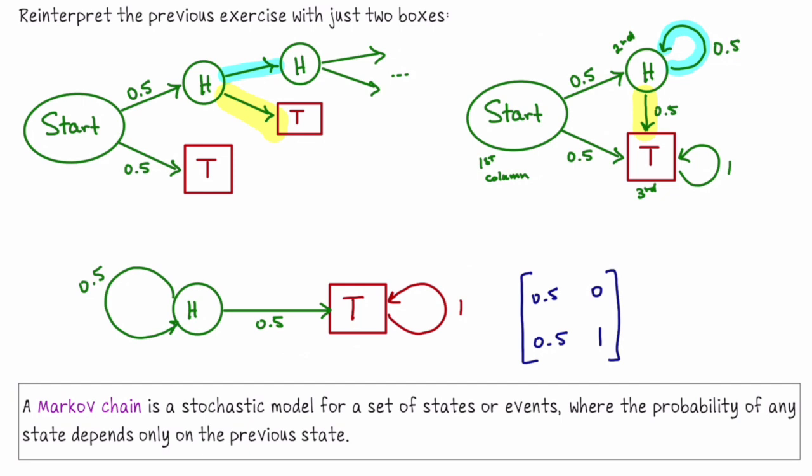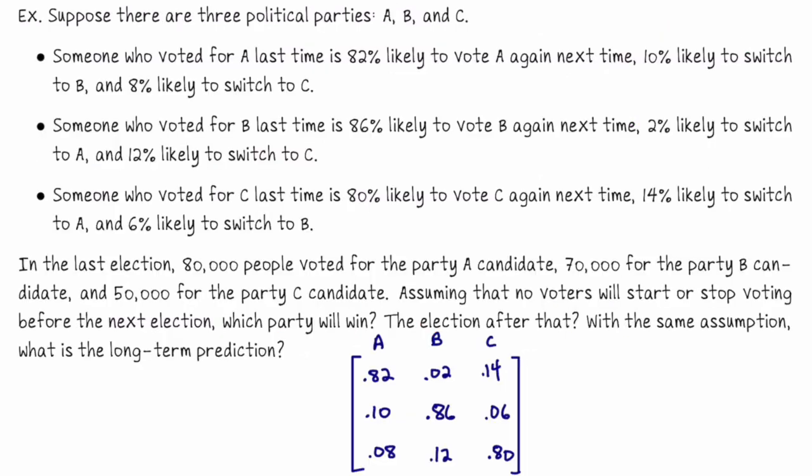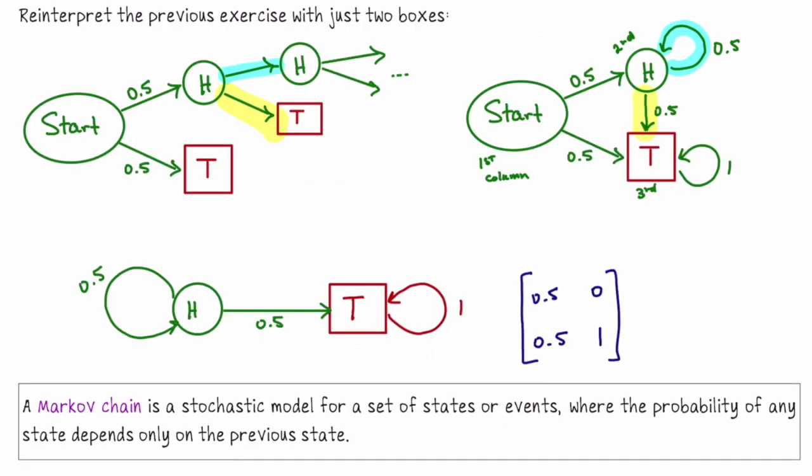So the probabilities don't change even if you accumulate lots of movement. We just say the probability of moving from B to C in this election example is always 12%. It doesn't matter if you got to B from A or from C or something like that. So that's what a Markov chain is.